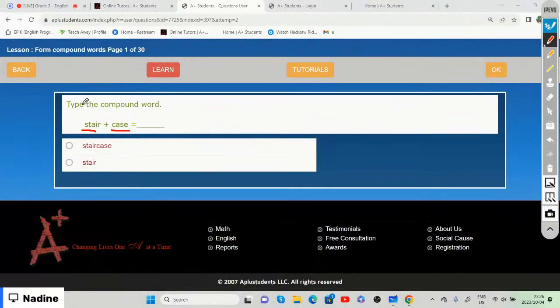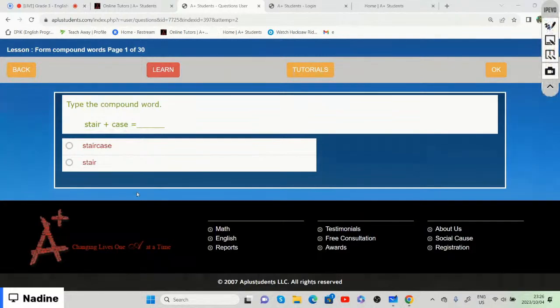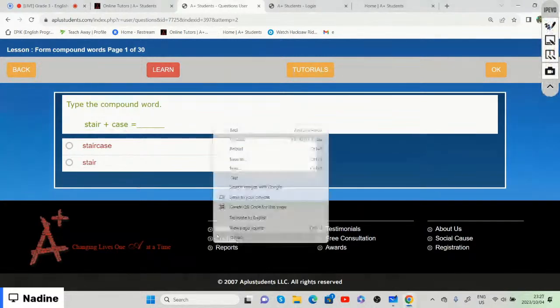So we need to type the compound word. Stare plus case. Is it the first one, which is staircase, or is it the second option, which is only stair? We need to find the compound word.